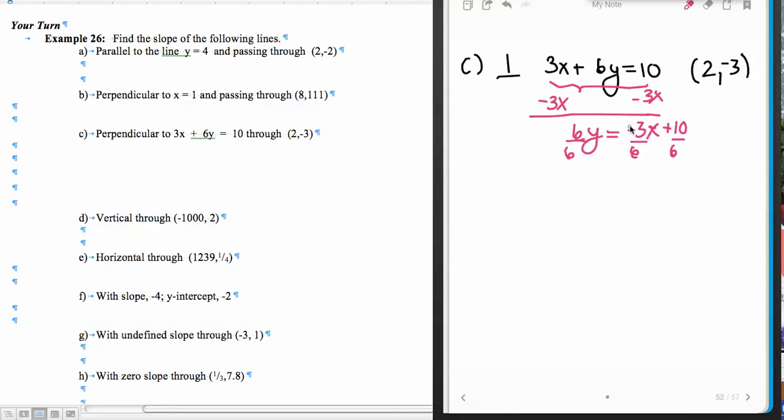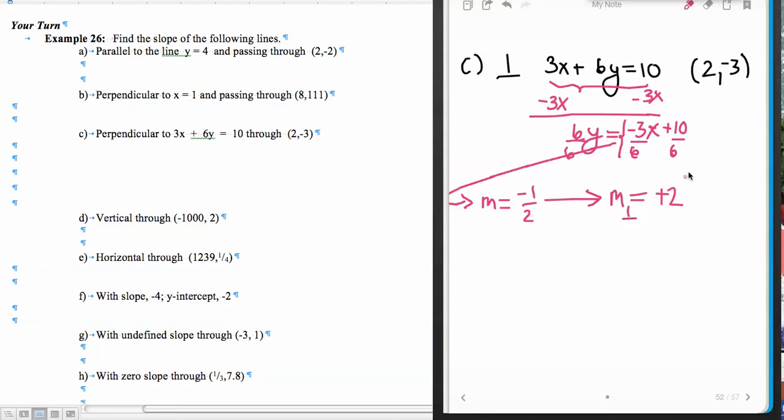And what we need from this is the slope right here. So my slope of this line is equal to negative 1/2 when it's simplified, dividing numerator and denominator by 3, which means that if I want a perpendicular line, it's got to have the slope that's a negative reciprocal. So the negative of a negative is a positive, and the reciprocal of 1/2 is 2.